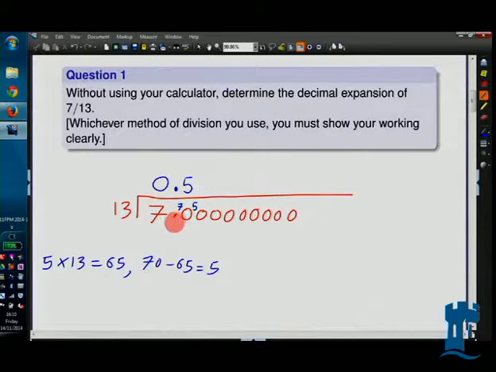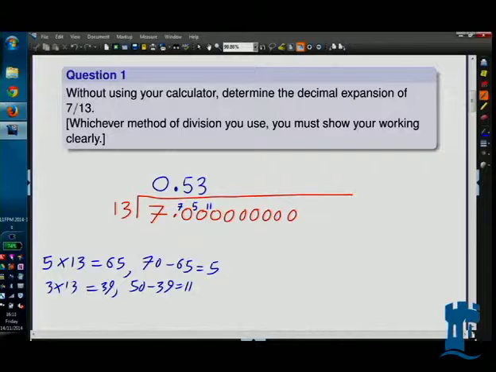Then 13s into 70 go 5, remainder 5, because 5 13s is 65. Now I've got to go to 50, where unfortunately we're going to have remainder 11, which is a nuisance. 3 13s is 39, 50 minus 39 is 11. But if you didn't want to write all that down, I could still deduce what you've done by seeing that you've got the correct remainder.